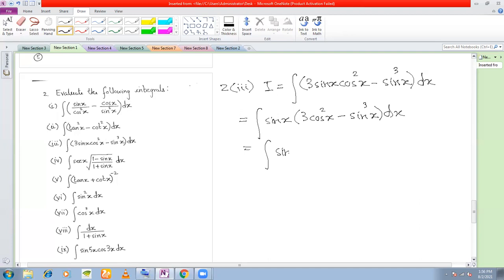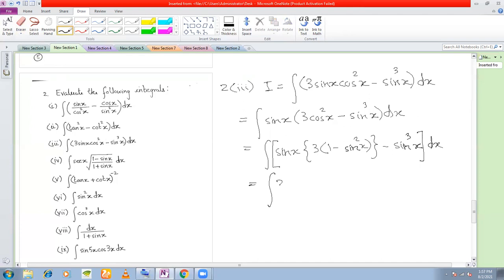Now I can change cos square to sine square. 1 minus sine square, this should be minus sine cube x, and this should be dx. So this should be integral.